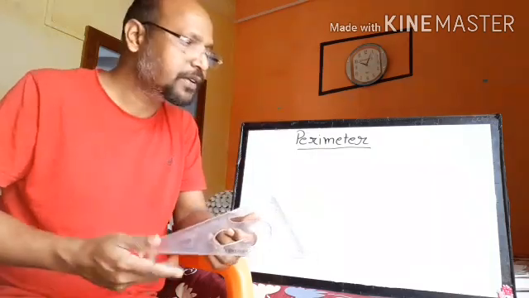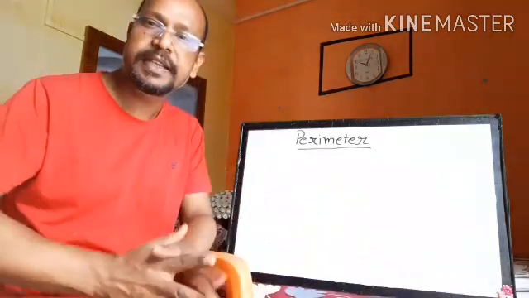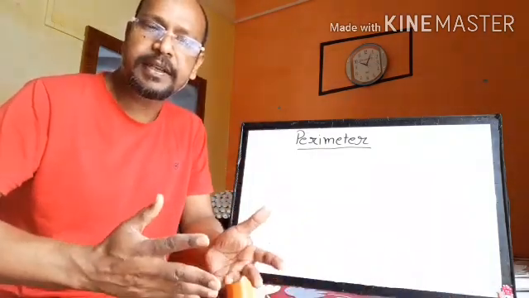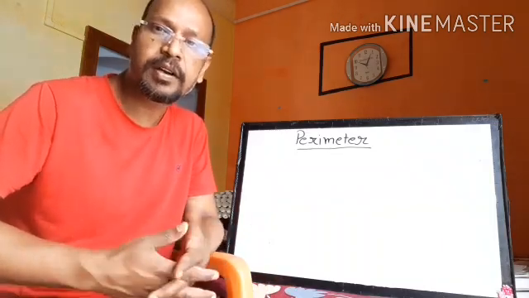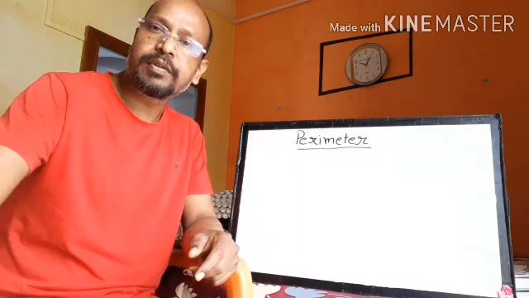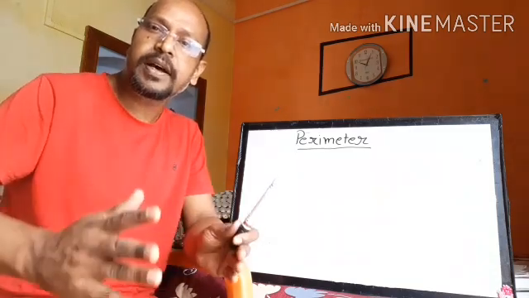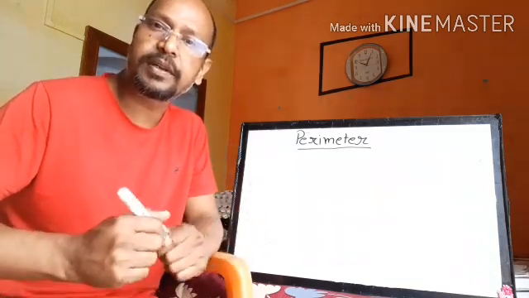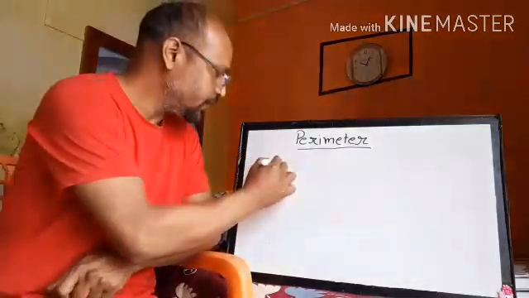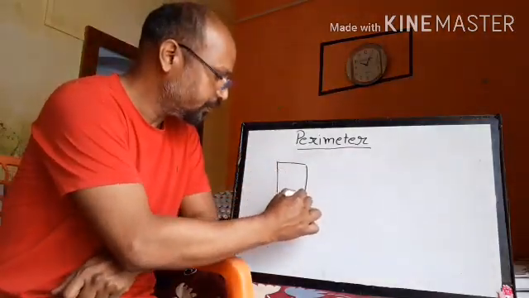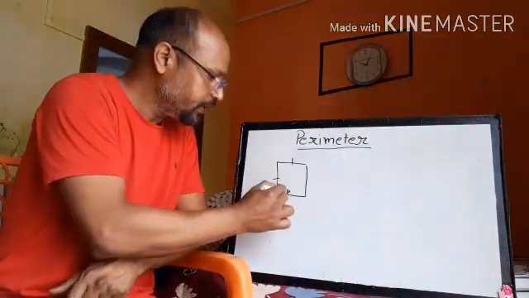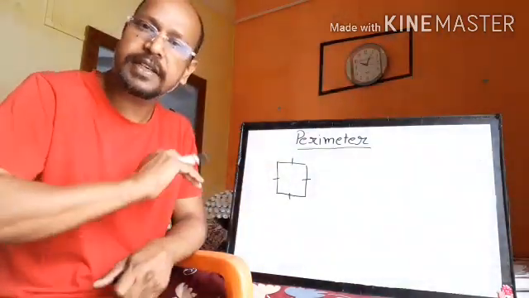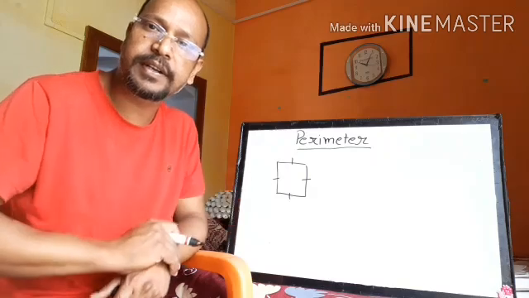It is a very simple concept. As you know, figures are of two types, regular or irregular. Regular figures are those having all sides equal. Suppose I am drawing a quadrilateral here. If this quadrilateral has all sides equal, then it is a regular figure.